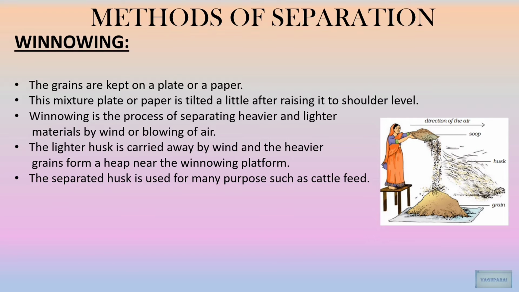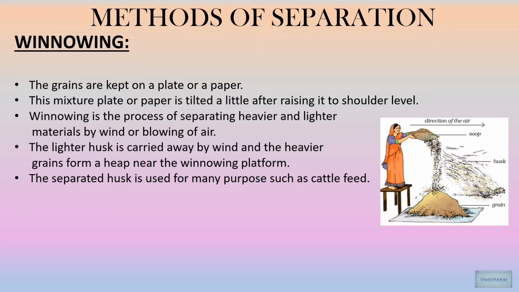The next method of separation is winnowing. Winnowing is the separation of a mixture of a heavier particle from a lighter particle. The mixture of the heavier and the lighter particles, that is the grains and the husk, is put on a plate or a paper and raised to shoulder level.